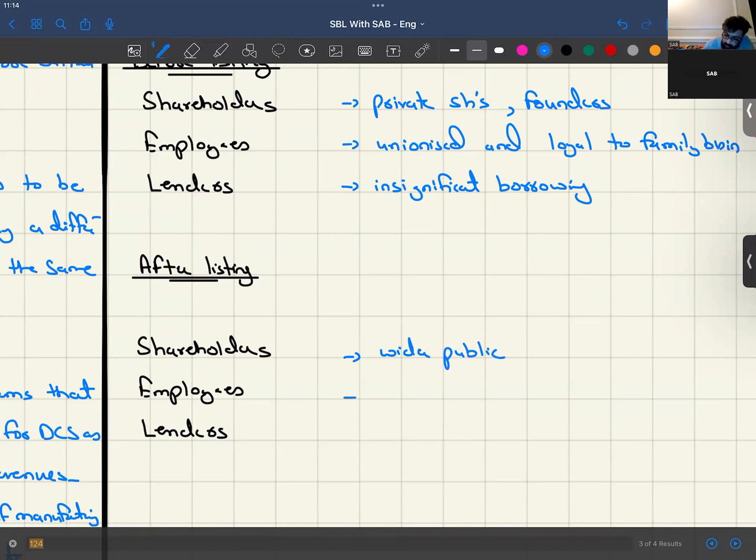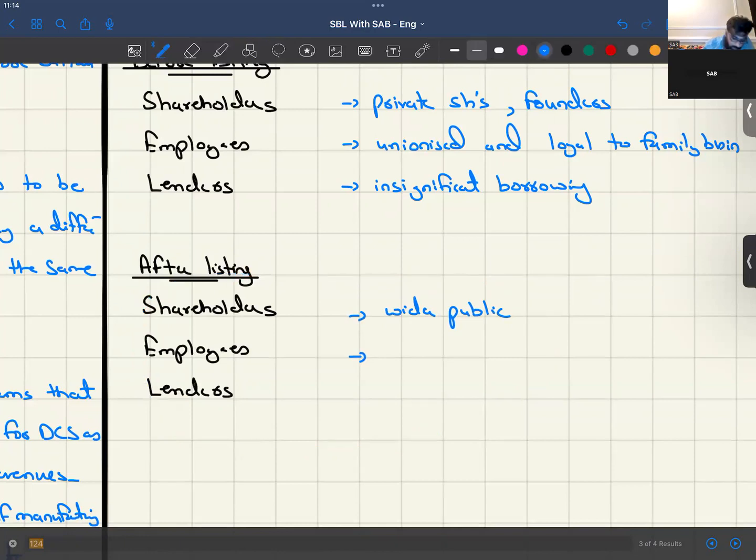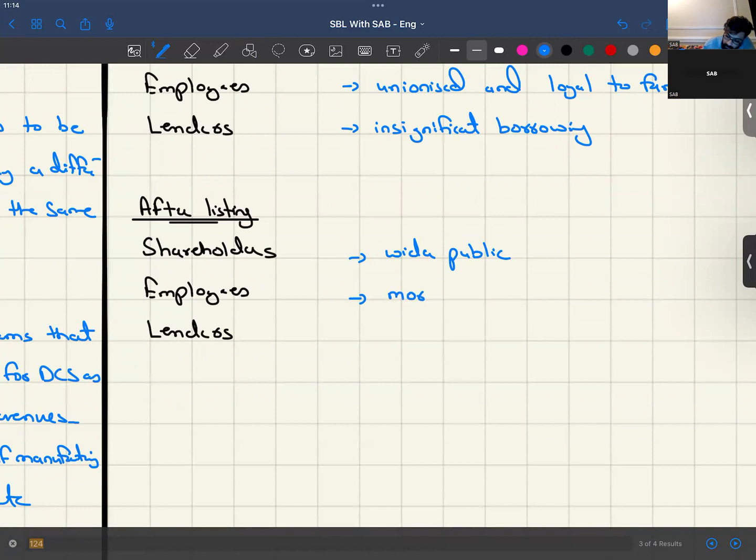So there will be a wider public as your shareholders, because once you are listed, anyone can buy your shares. Similarly, for employees, more skilled staff would be hired.